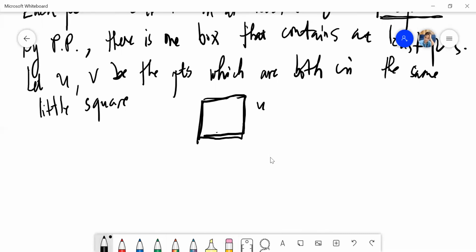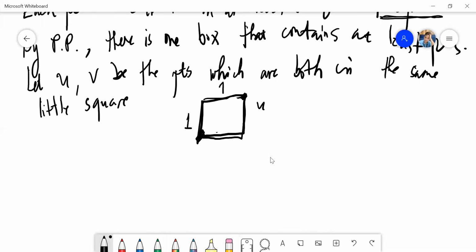So let's say I put it here. This is U and this is V. Just to make sure that the distance of these two would be at most square root of 2. So remember that the tiny square is measured 1 unit by dimension. So this is 1 unit here.